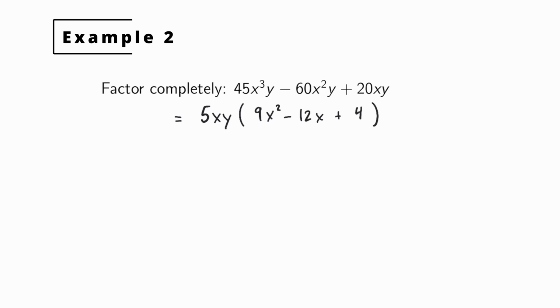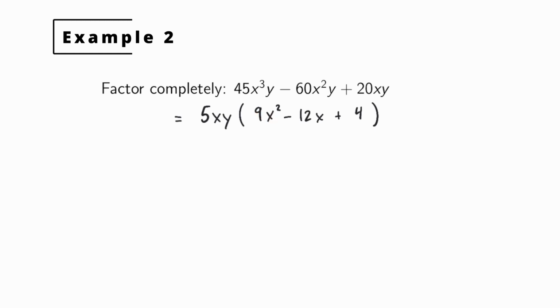What we're left with here is a quadratic trinomial. Now, you could use the method for quadratic trinomials when we have ax squared plus bx plus c, where a is not 1. In this case, the coefficient of x squared is 9.